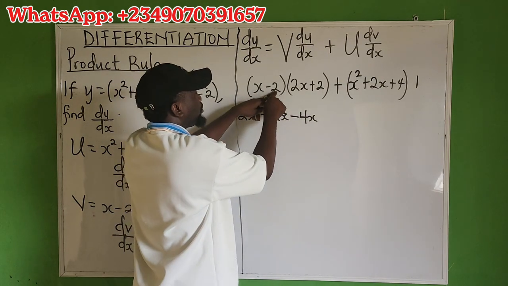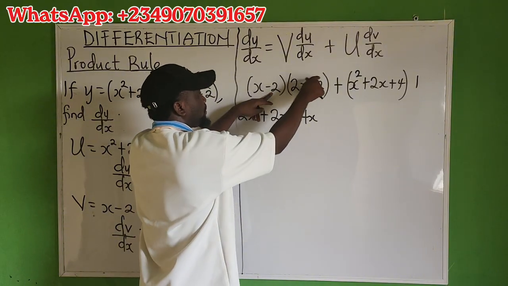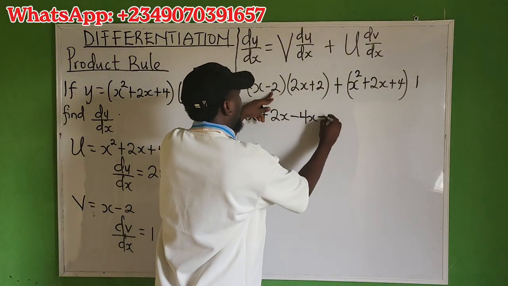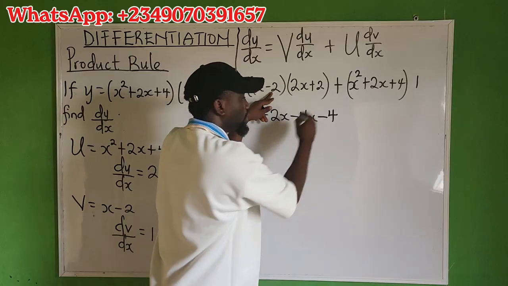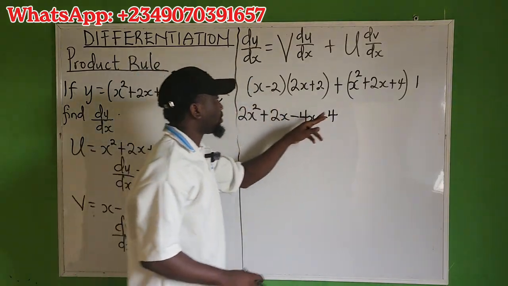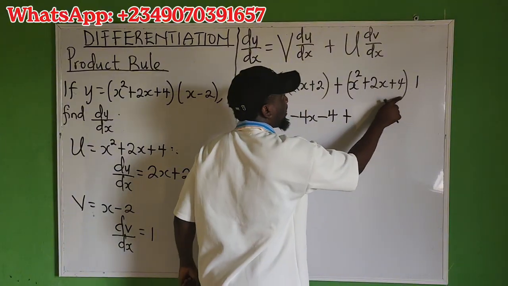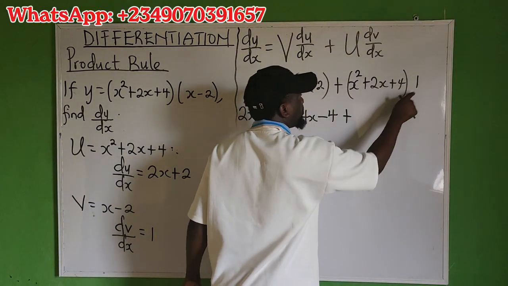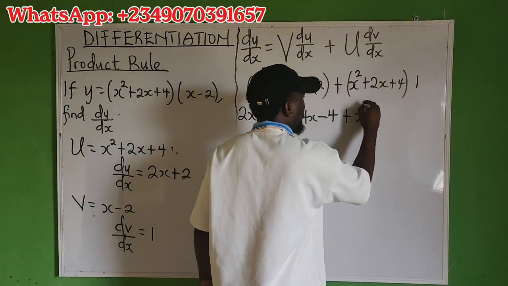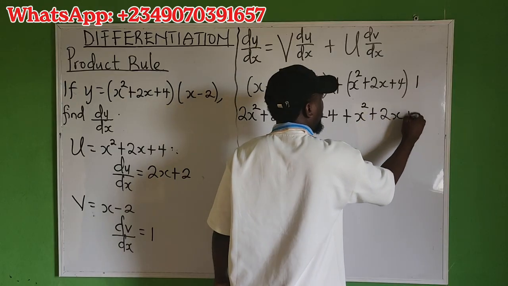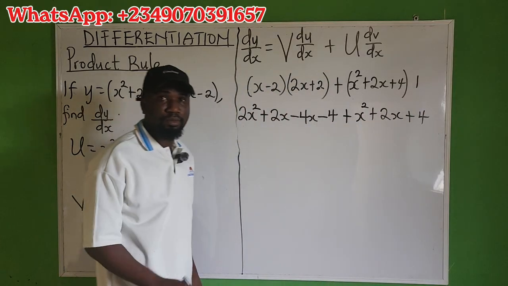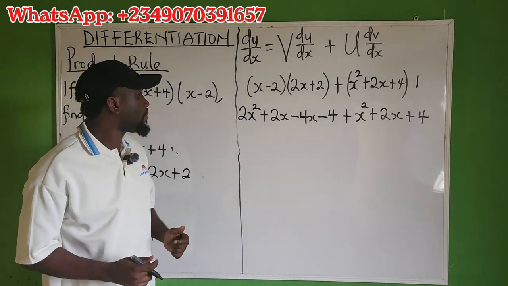Then minus 2 multiplied by plus 2: minus times plus is minus, and 2 times 2 gives us 4. Then plus, we use 1 to multiply everything here, so we get x squared plus 2x plus 4. Is that taken? All right.